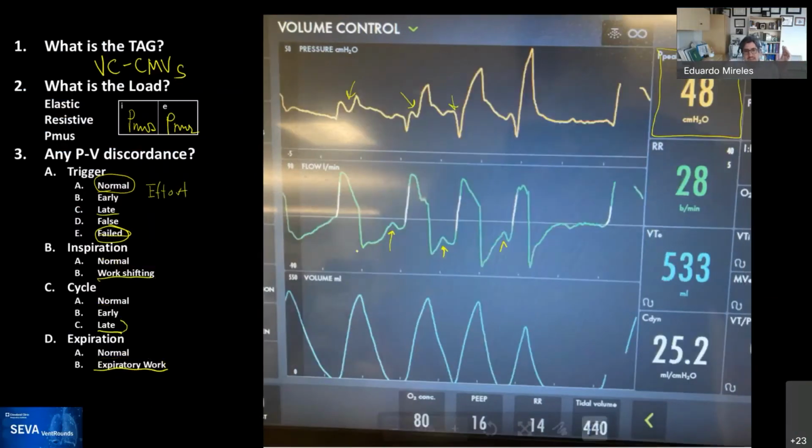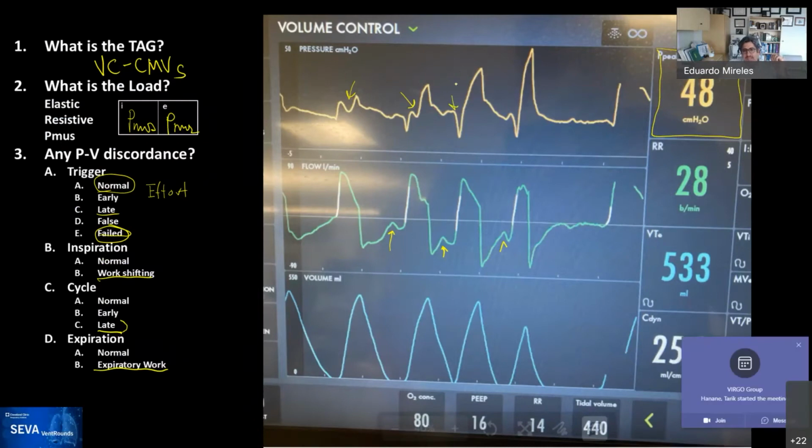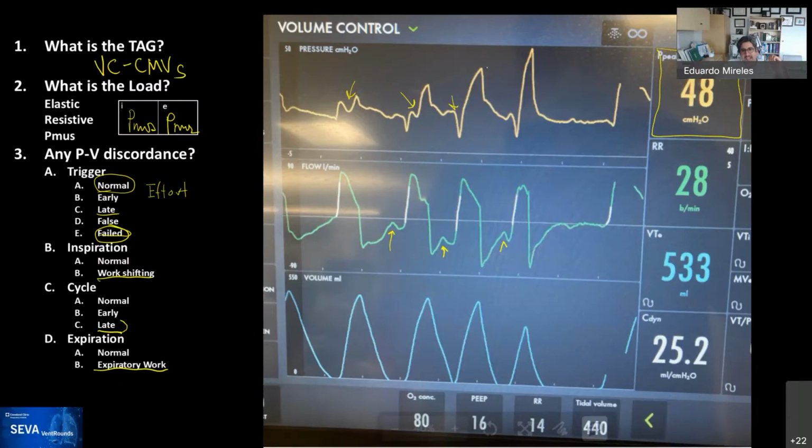Here, the expiratory flow goes higher each time as we go through, and it's correlated to the time that the patient exhales. You can also see this increase in pressure going on in the ventilator. That makes me think the patient is actually exhaling against the circuit.